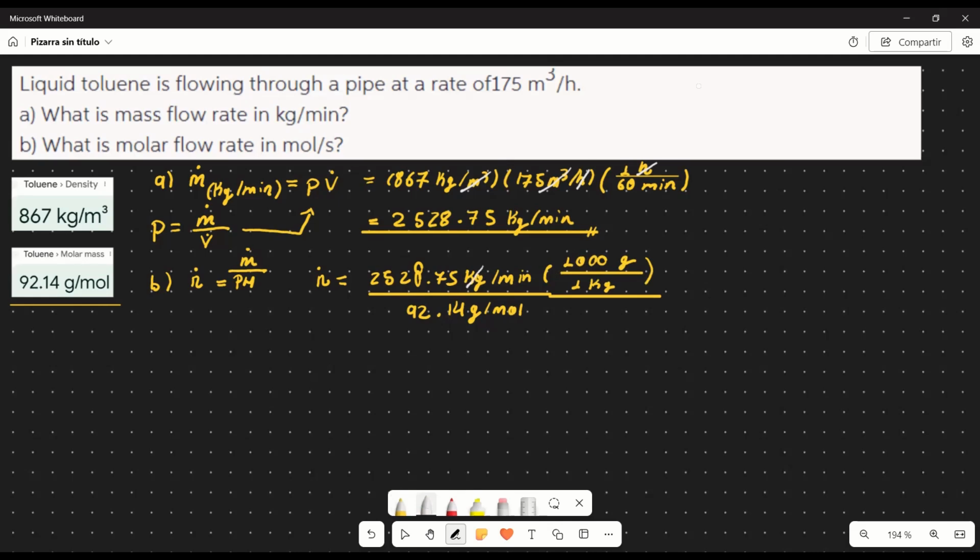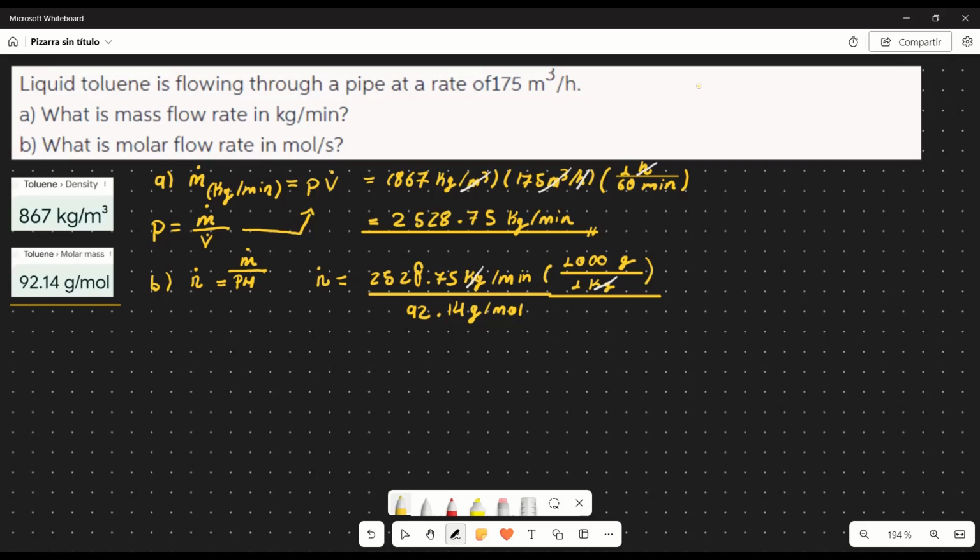With that, we can eliminate the kilograms and we're left with grams per minute. Once we have that, we already know the molar rate in moles per minute.